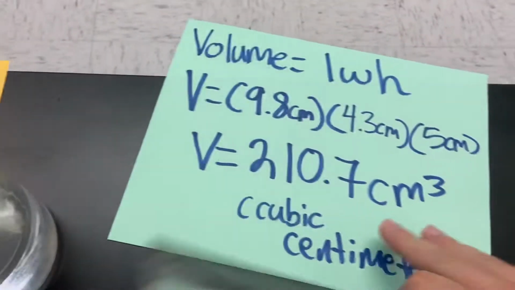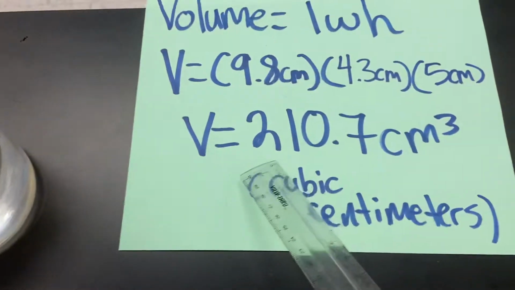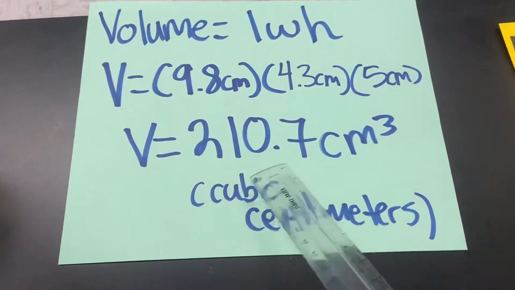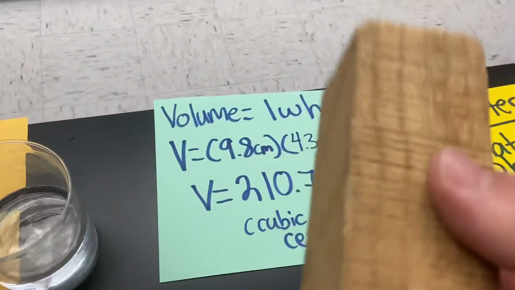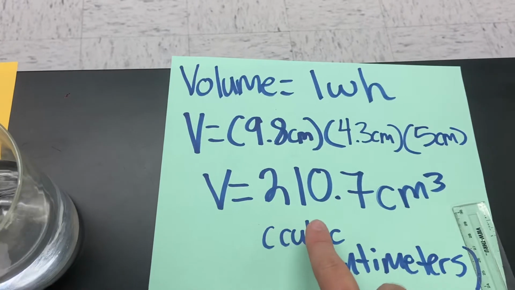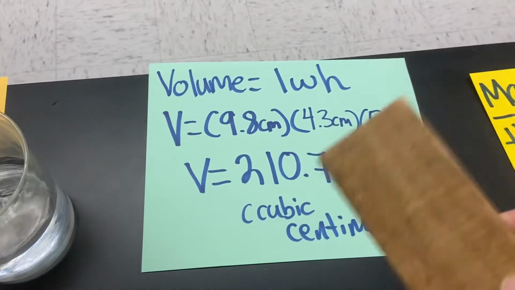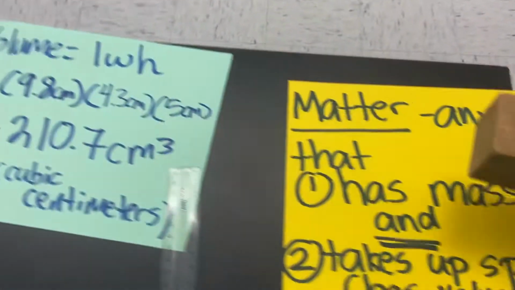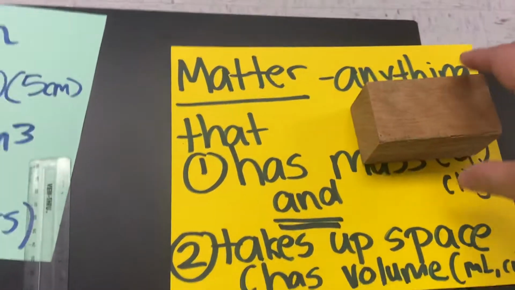And the volume of this block of wood is 210.7 cubic centimeters. So this block of wood takes up 210.7 cubic centimeters of space. So this block of wood has mass and takes up space.